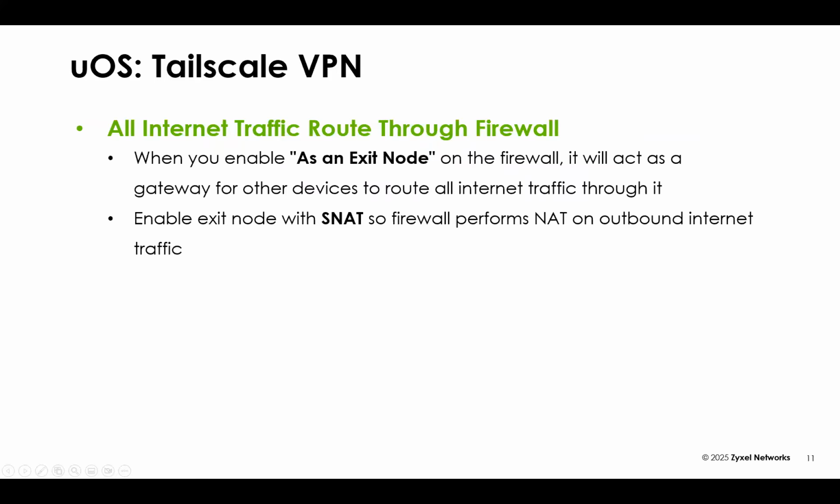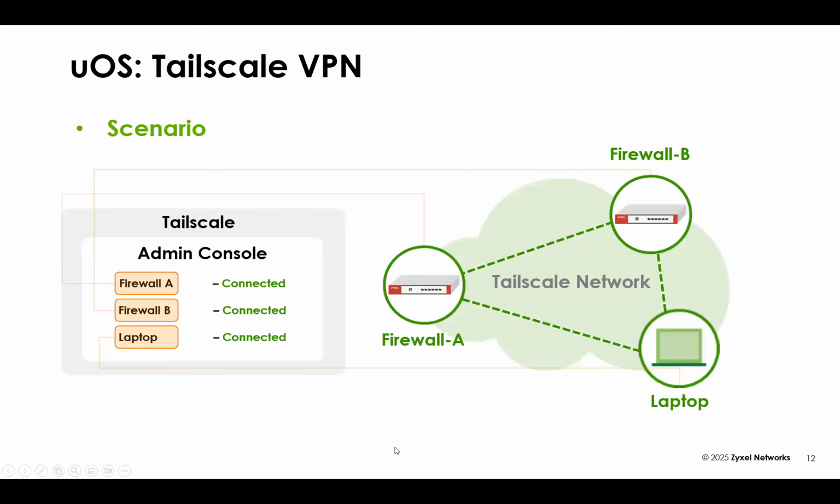Let's take a look at a specific scenario here. We have a Tailscale network set up. We have firewall A and clients behind it. We have firewall B and clients behind it. And then we have a laptop user. This particular laptop user is maybe on the road, out of the office, but they want access to both firewall A and firewall B. When you set up your Tailscale VPN, you would add firewall A as a device, firewall B as a device, and the laptop as a device.